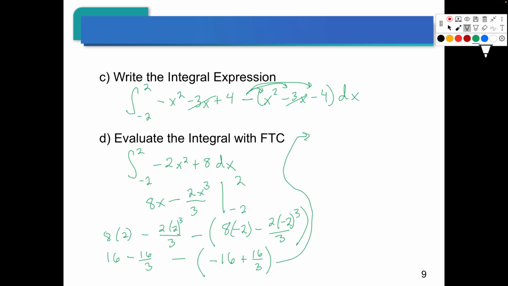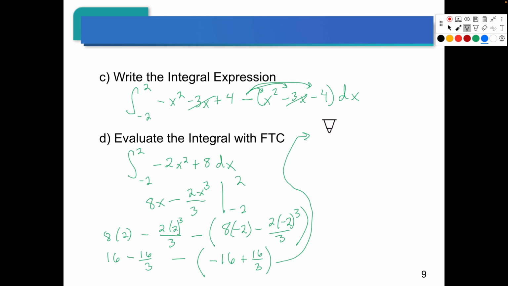Let's change our colors. So what is 16 minus 16 thirds? Again, if this is WebAssign, we need to have it as a fraction. If it's on the test, you could just plug in your calculator and give me the decimal, that would be fine. But we'll do it how WebAssign might want us. So common denominator of 3, what is 16 times 3? That's 48, right?